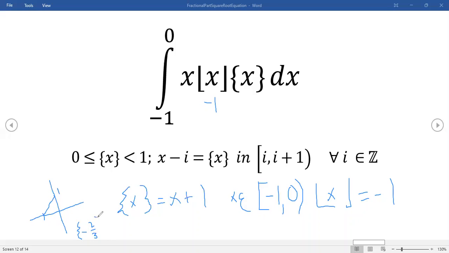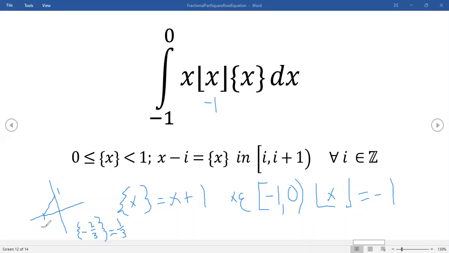I think that's Graham's definition. Counterintuitively, and I thought it was wrong when I first saw it, but the sawtooth function is what it is, and that's what the fractional piece function looks like.